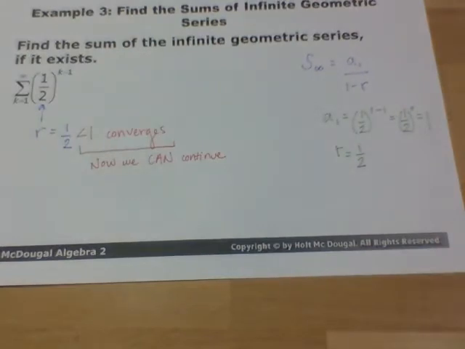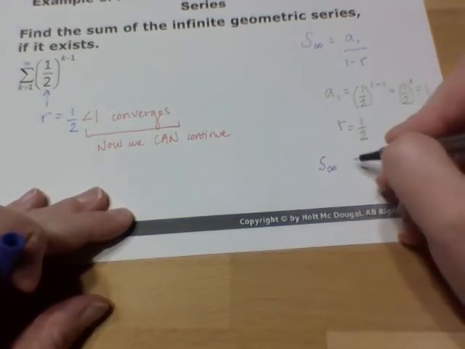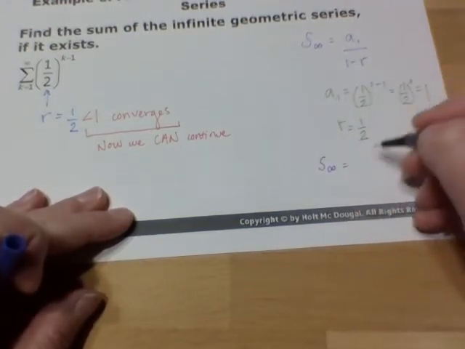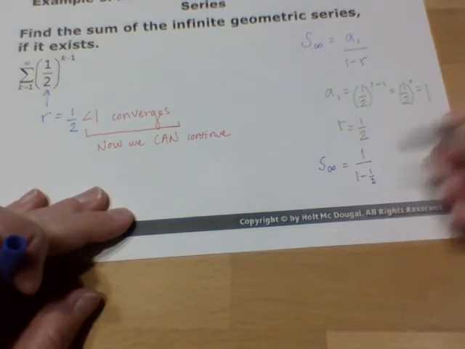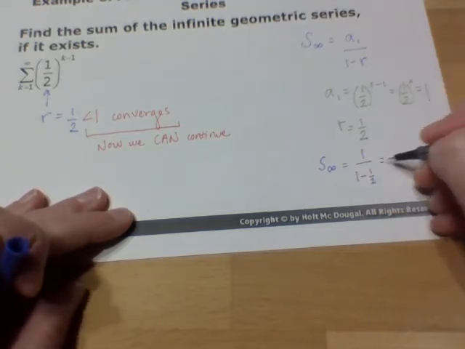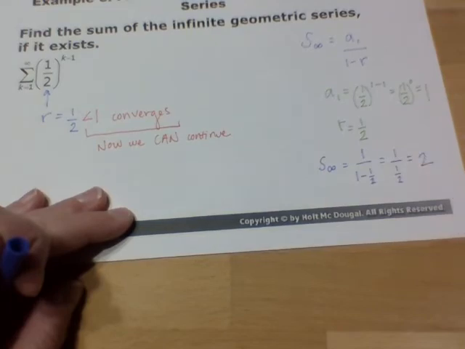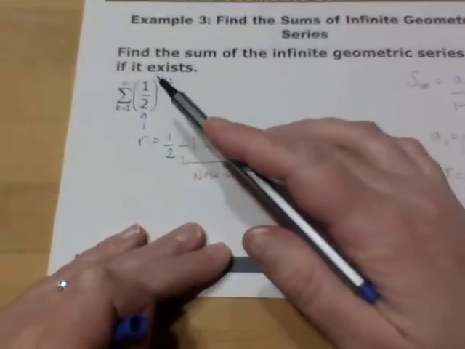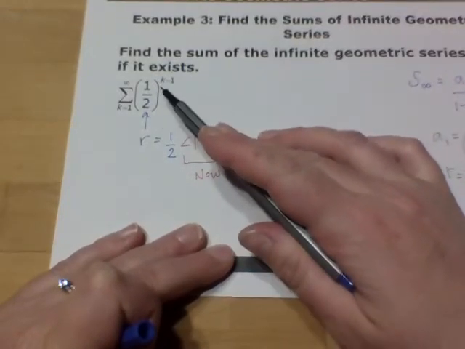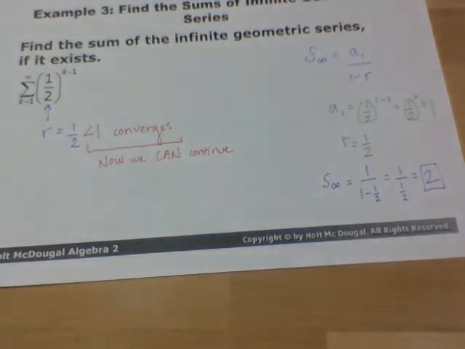So now we can go ahead and plug in our A and our R in order to find our infinite sum. So our A1 was 1, and we're going to do 1 minus 1/2 because that's the R value. And so that means it's 1 over 1/2. And how many halves go into 1? 2. So the sum of this pattern here, 1/2 to the k minus 1, is going to end up with 2. It's going to converge at 2.